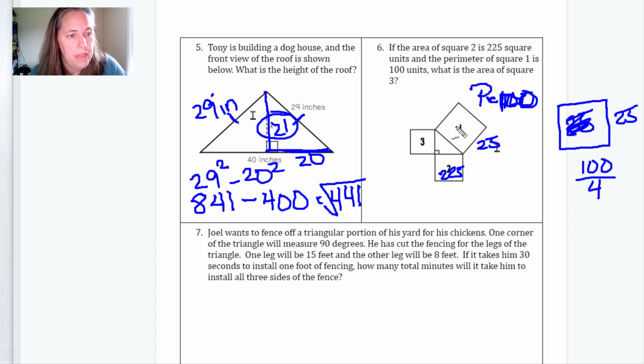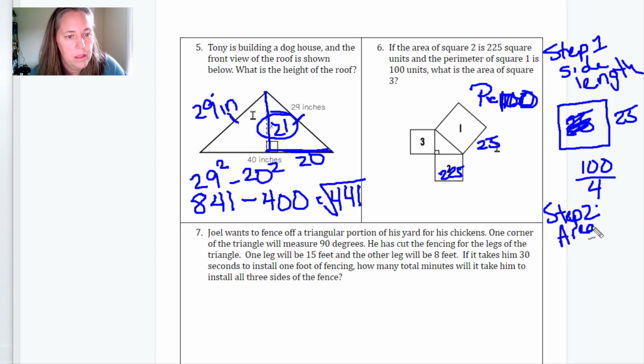So step 1 is find the side length. We just did that. Step 2 is find the area of square 1. So if the side length is 25, the area is 25 squared, which is 625.